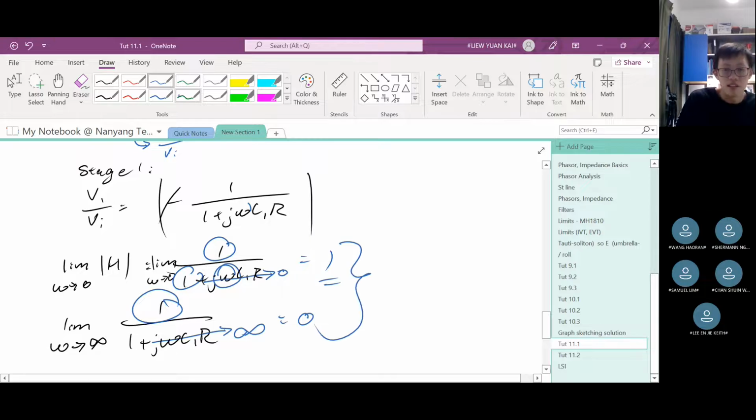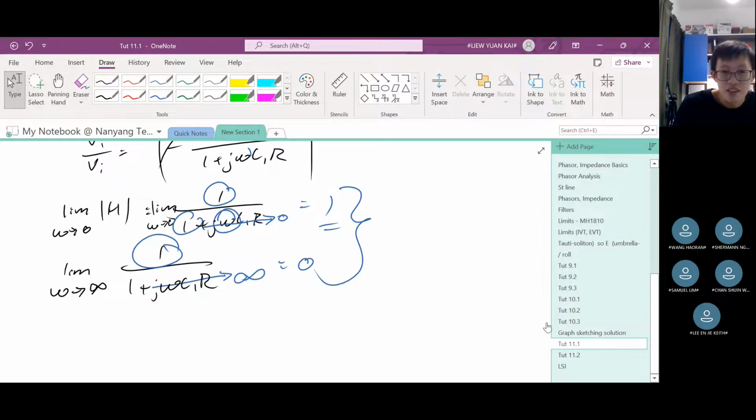Now, what type of filter is this? Can you tell me in the chat? At low frequencies, there's 1. At high frequencies, there's 0. So yes, it is a low pass filter. Thank you. So we have answered what is the role of stage 1 already.